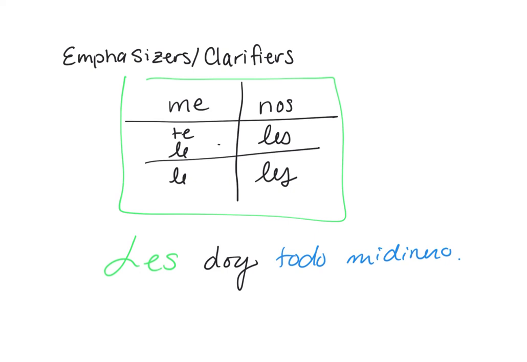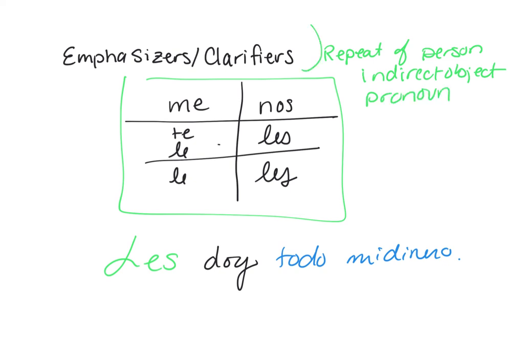So for all of these, our emphasizer and our clarifier is just a repeat of the person who you replaced with your indirect object pronoun. Your emphasizer or clarifier is always optional. It's never something you have to do. It's just something you choose to do as someone who wants to have clear writing.